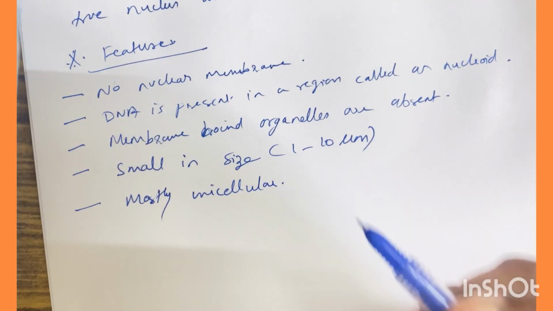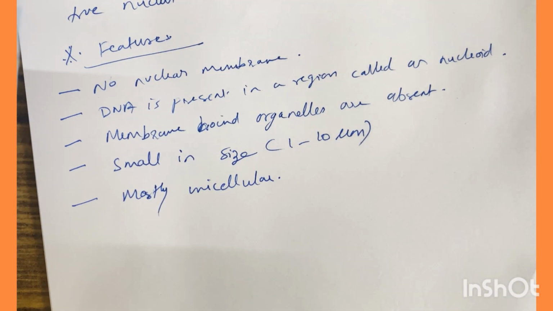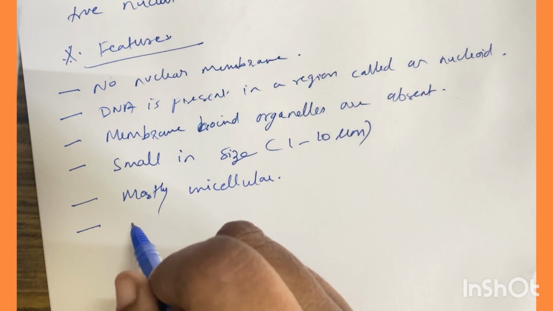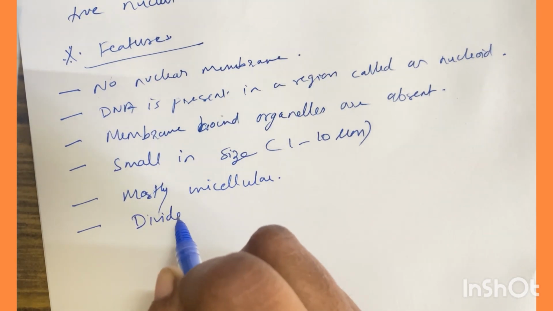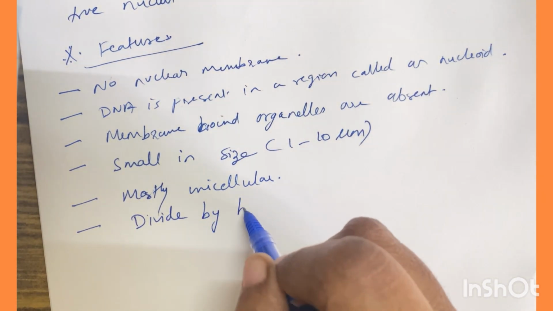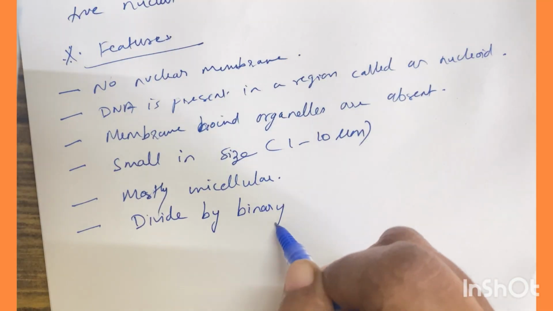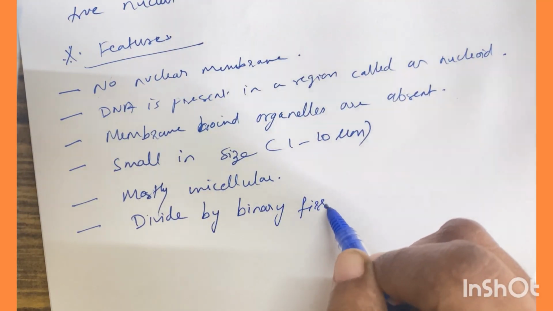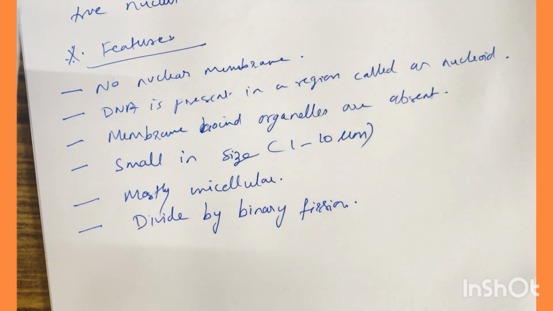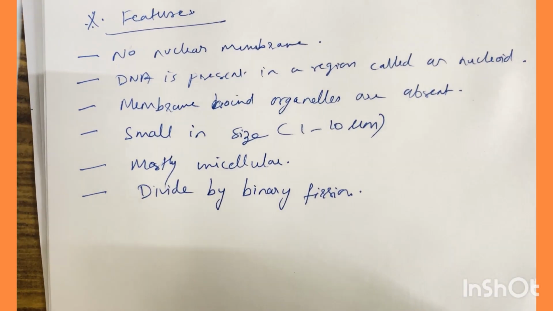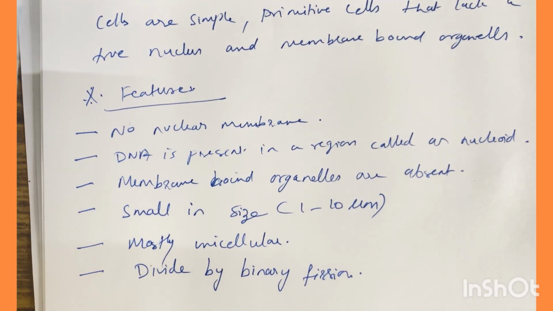I hope you all know what is unicellular. It is an organism made up of only one cell. Okay. Now the another important feature is that they divide by binary fission. Okay, so these are the important key features of prokaryotes.